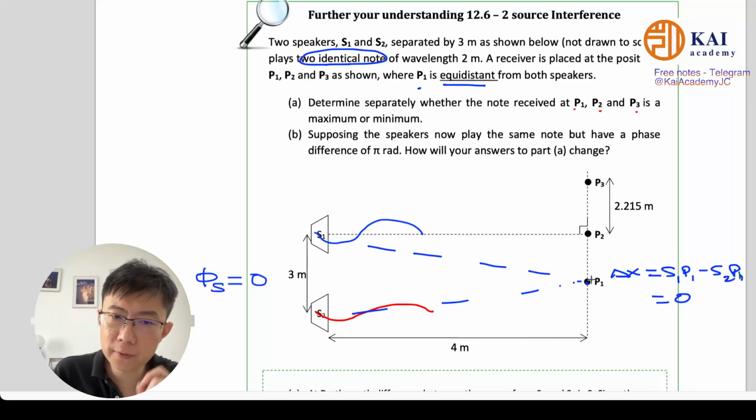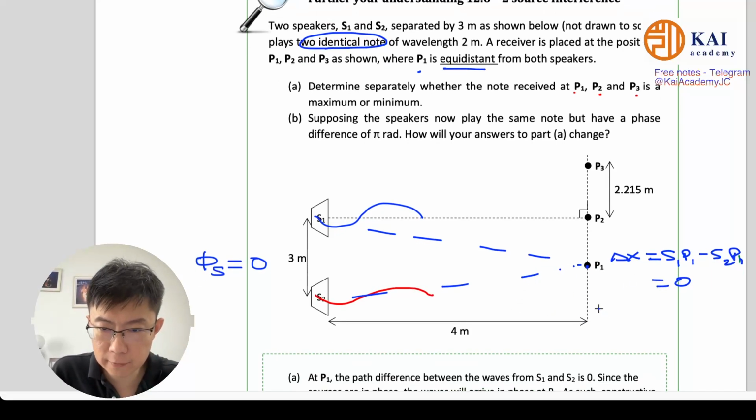There is a formula for finding the phase difference due to path, and it goes by delta x over lambda times 2 pi. Now because delta x is 0, the phase difference due to path is 0.